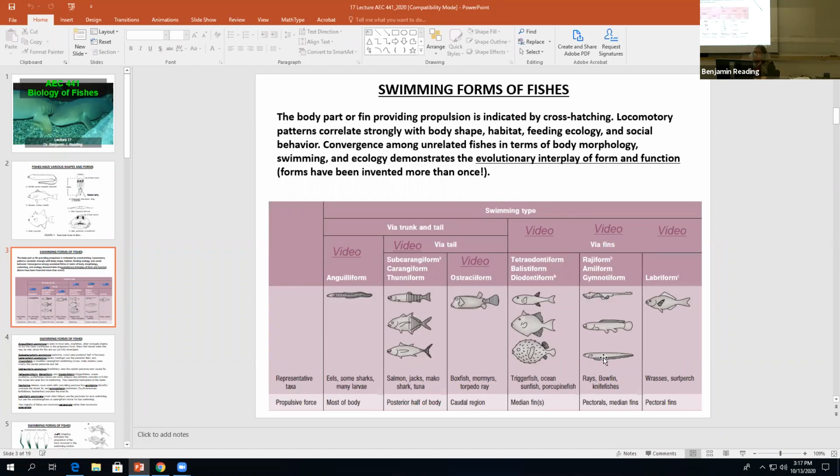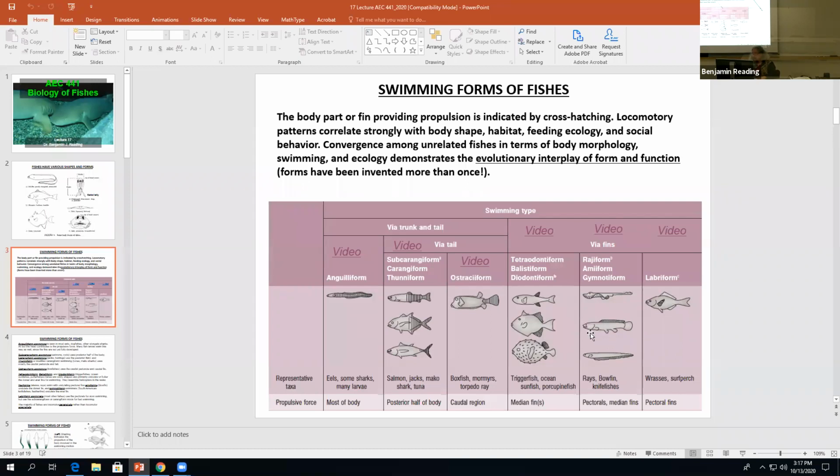But for the sake of this, any of this is undulation of fins. The bowfin undulates its dorsal fin, and in doing so, it has both forward and also reverse locomotion. It can swim forward and backward by doing this. And the knifefishes can also do this, only instead of undulating their dorsal fin, they undulate their anal fin.